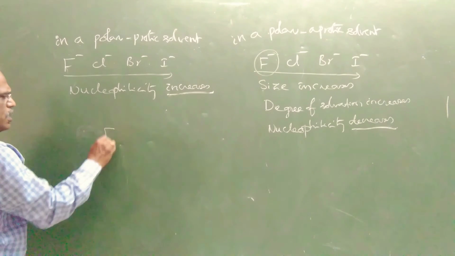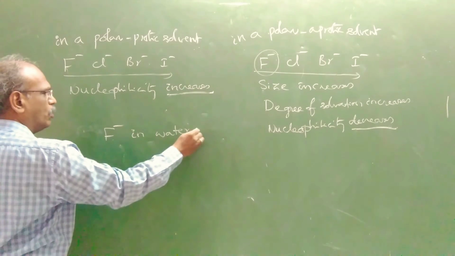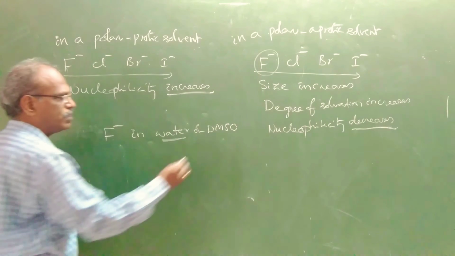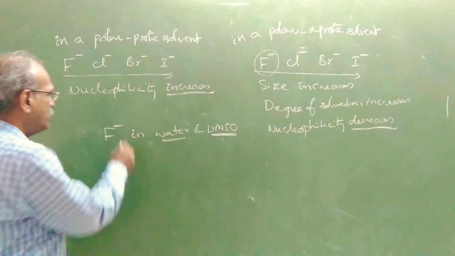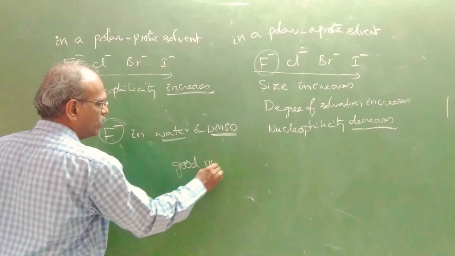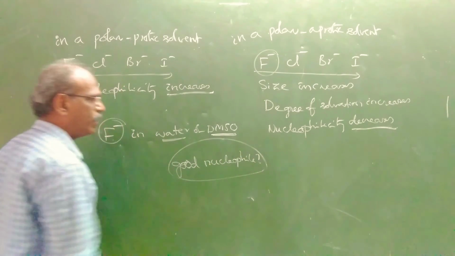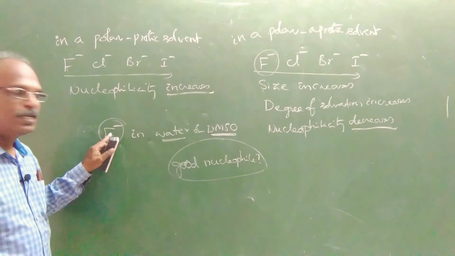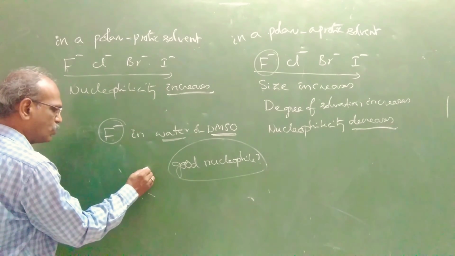F minus in water or DMSO, meaning polar protic solvent or polar aprotic solvent. In which solvent does it act as a good nucleophile? That's the question. In water, because of hydrogen bonding, it is surrounded by a larger number of solvent molecules.